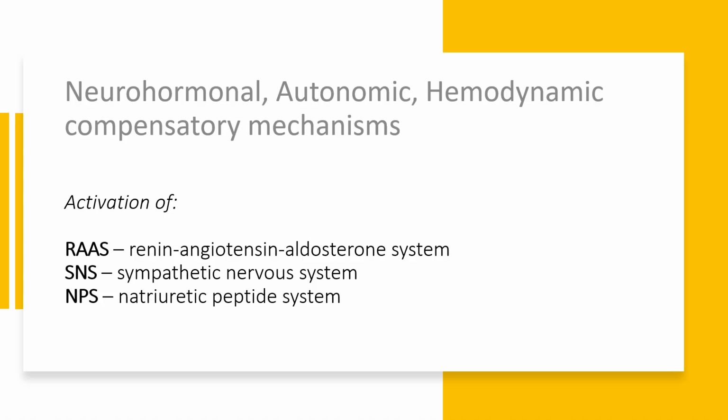One of them is the activation of what we call the RAS system, the renin-angiotensin-aldosterone system. Another is the sympathetic nervous system. And another favorable compensatory mechanism is the natriuretic peptide system.